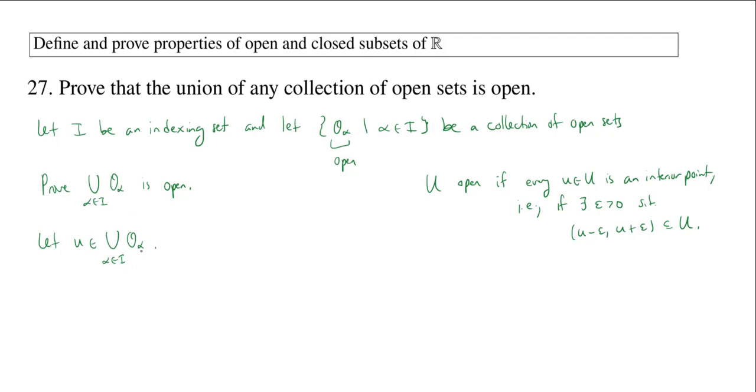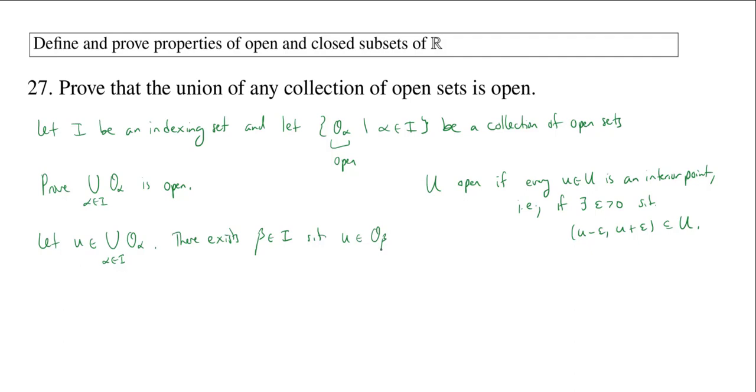Well, if I'm in the union, that means that I'm in one of these open sets. So there exists some beta in I. Notice I'm not using alpha because that's my generic variable. There's some beta in I such that u is in O beta. If you're in the union, you're in at least one of the sets.